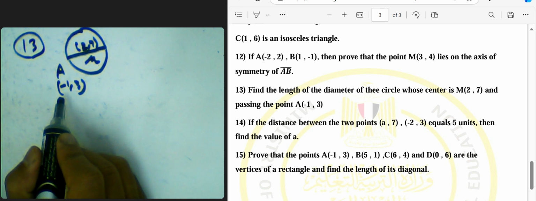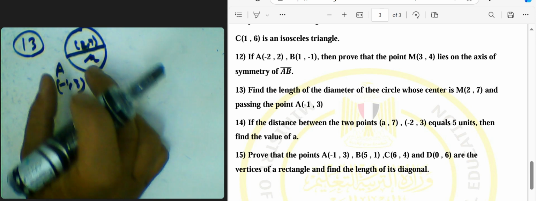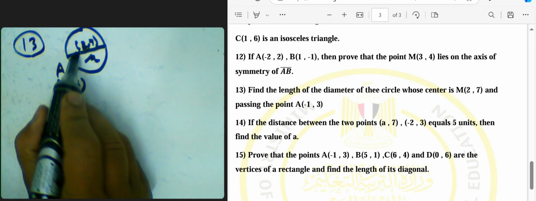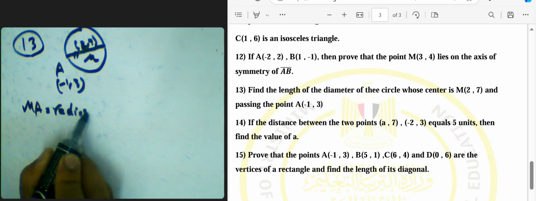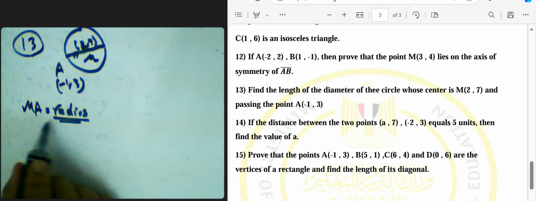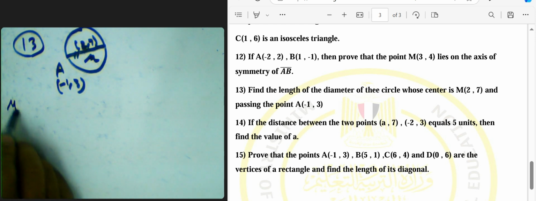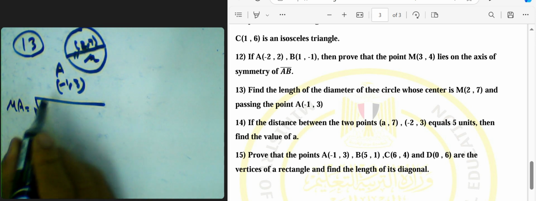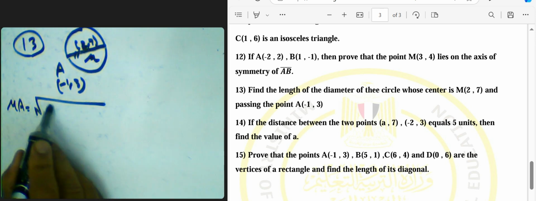Okay, we want to find here the diameter. To find the diameter, you can find the length of the radius. MA, we call it the radius. Okay, we can find the radius MA. How? By using the rule. MA equals square root of 2 minus minus 1, it will be 2 plus 1 equals 3. 3 power 2, 9.